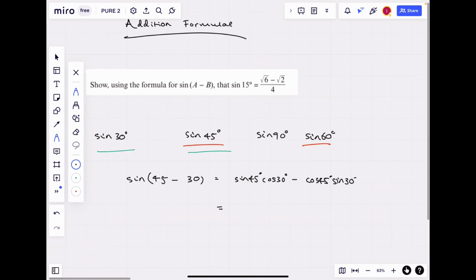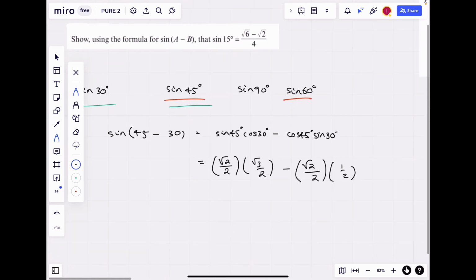So if I were to type in each thing separately, sine 45 cos 30, cos 45 sine 30, you would get, or I would get, this. Okay?